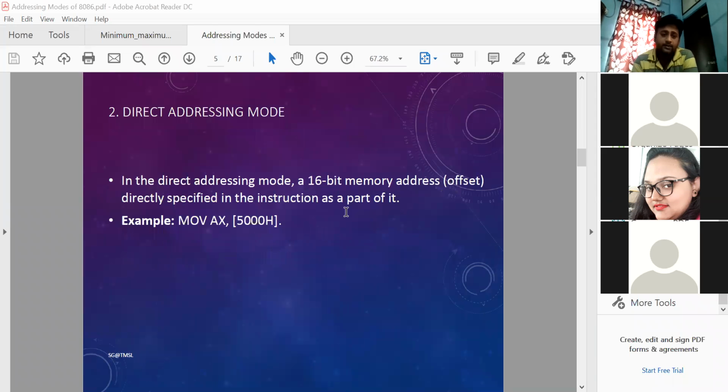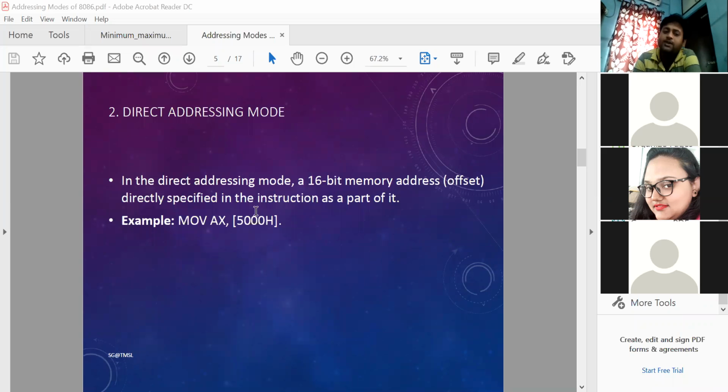The next addressing mode is direct addressing mode, where the memory address is specified directly in your instruction. In the 8086 microprocessor, this bracket represents that what is written within it is not any data byte, it is a memory location.